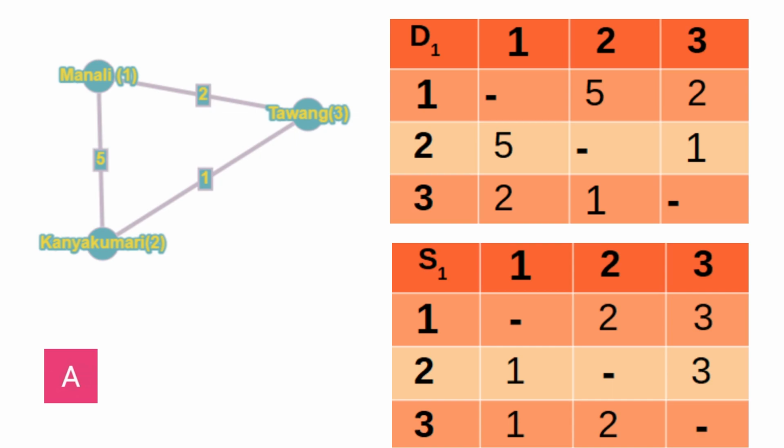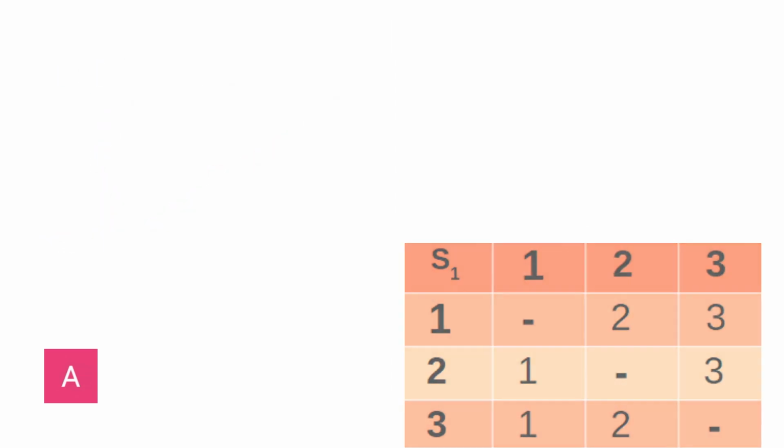Whereas to reach directly from 2 to 3, the distance taken is just 1, which is the minimum. So we keep 1 as it is, and hence our D1 matrix has not undergone any change. It's the same as the D naught matrix. And since there is no change from the previous matrix, the S1 matrix also remains as it is, as given in the S naught matrix.